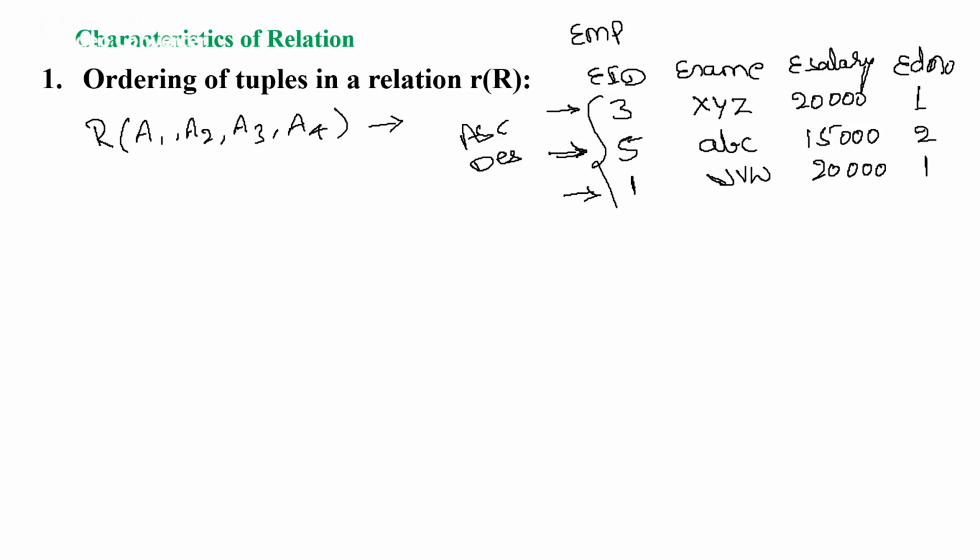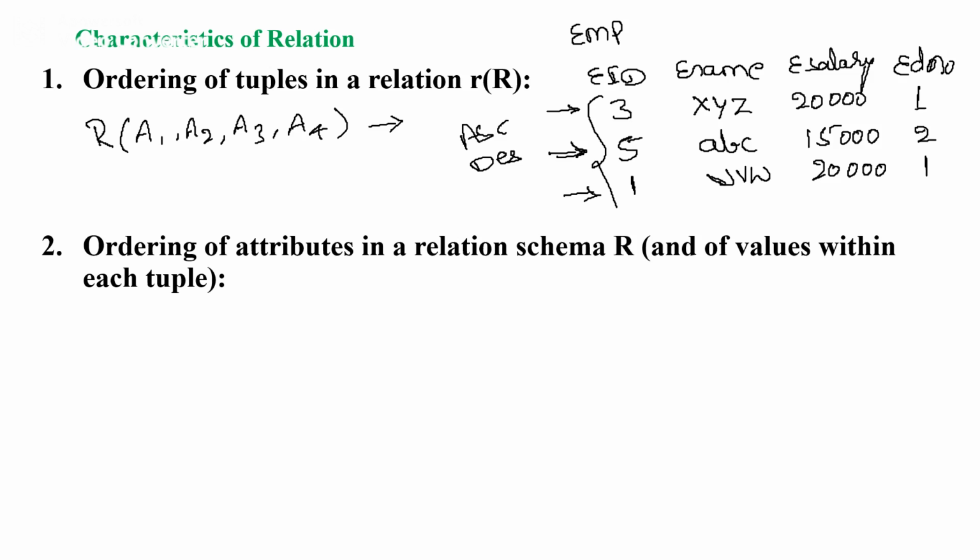We may insert the values in ascending or descending order, but all the values will be in a particular table format, representing columns and rows. That is the first characteristic of a relation, the order of tuples in a relation.